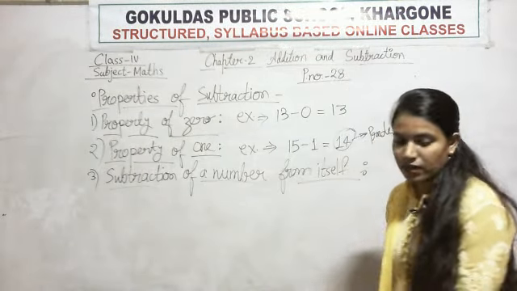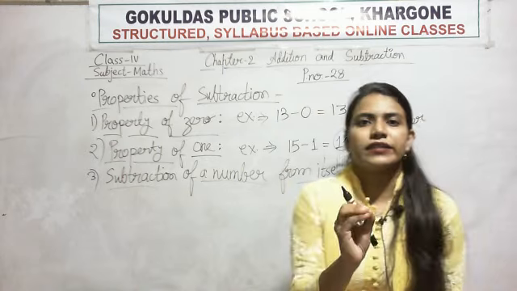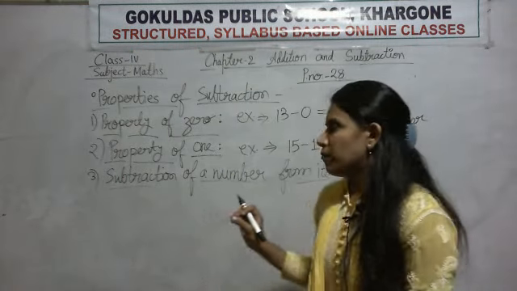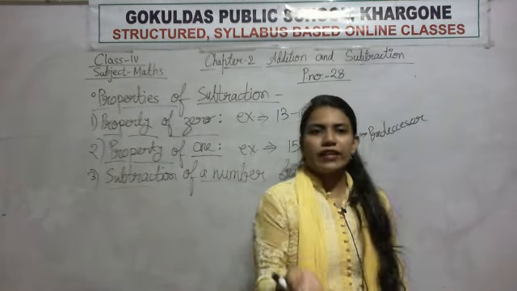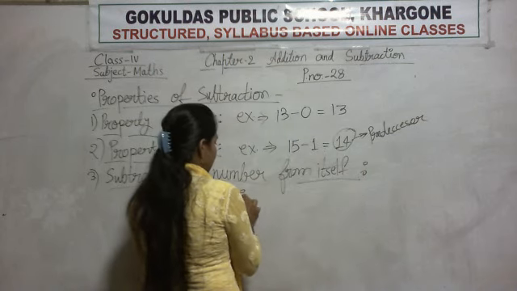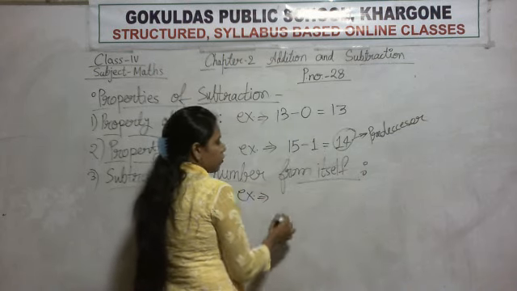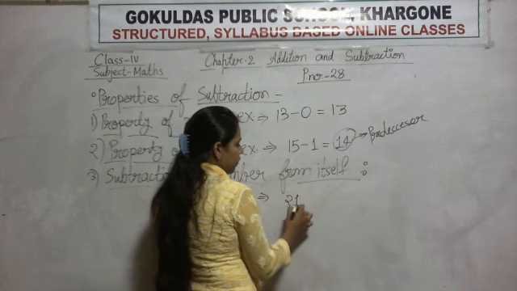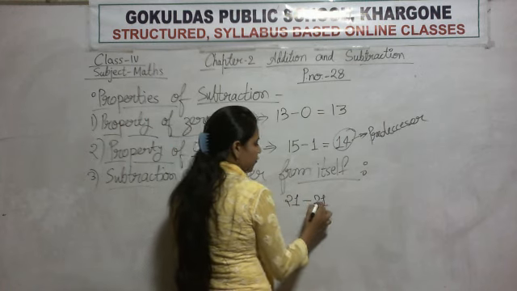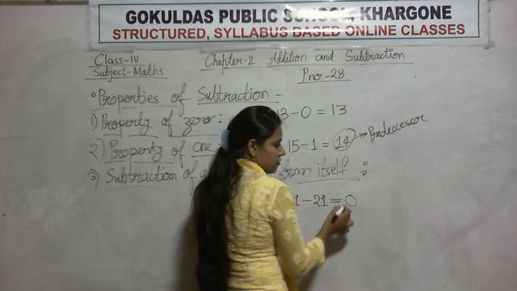This property says that if you subtract a number from itself, you will get 0. An example: suppose your number is 21 and you subtract 21 from 21, you will get 0.